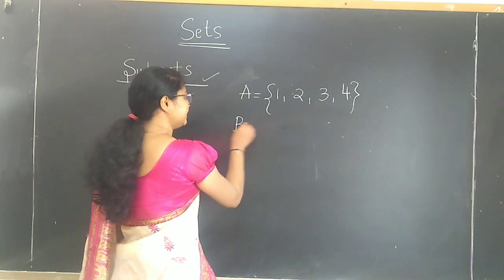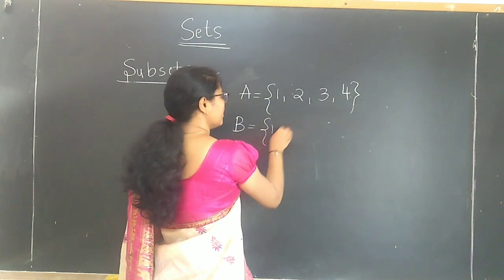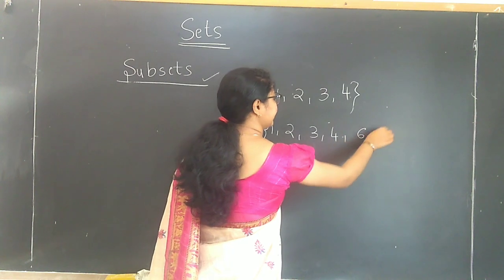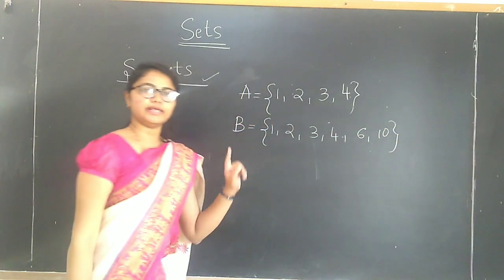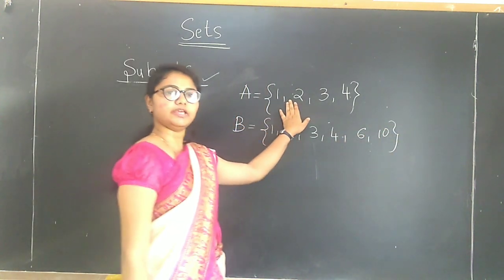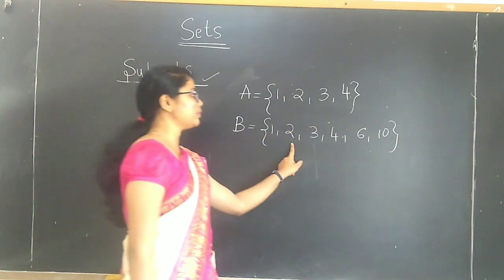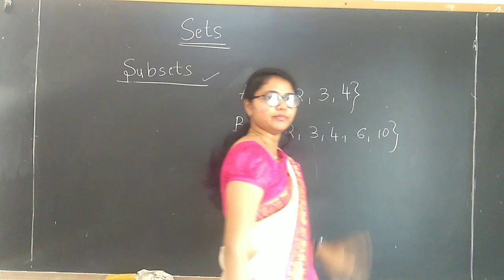B is one more set with the elements 1, 2, 3, 4, 6, 10. There are two sets now. A contains 4 elements, 1, 2, 3, 4. B is one more set with the elements 1, 2, 3, 4, 6 and 10.